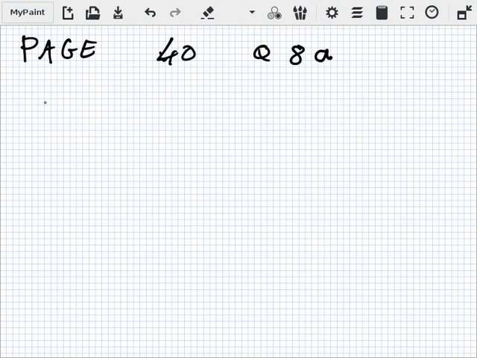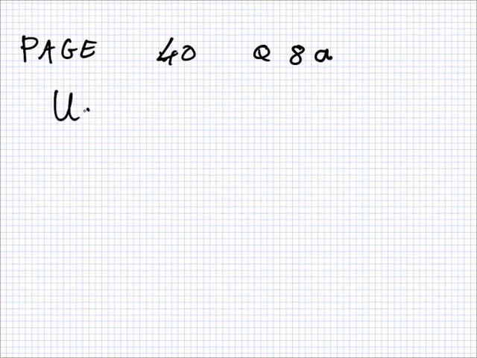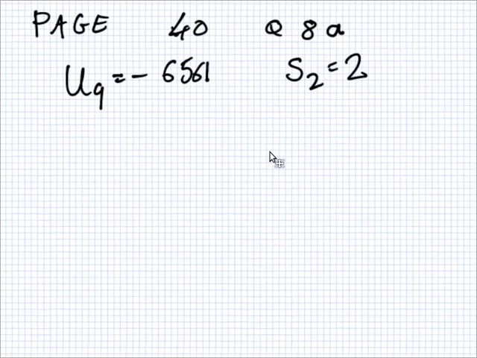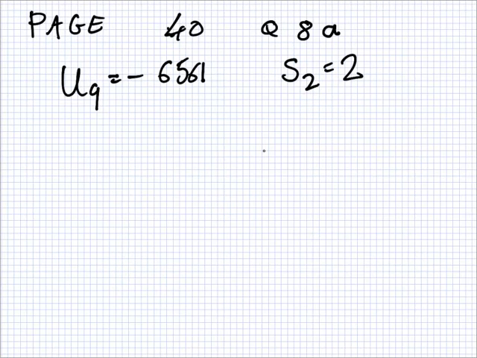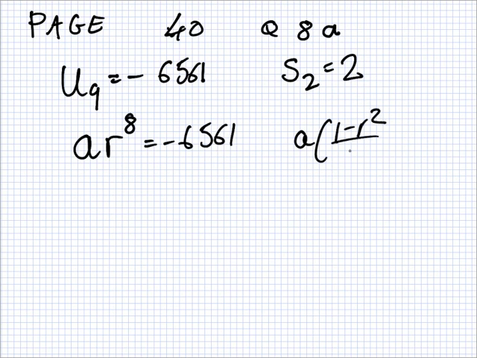Okay, so the ninth term is minus 6561, and the sum of the first two terms is 2. So this is simply saying A r^8 equals minus 6561, and this one is saying A(1 minus r squared) over 1 minus r equals 2.